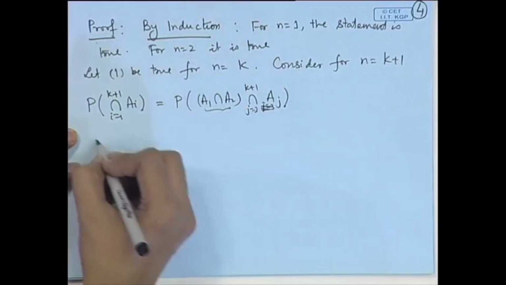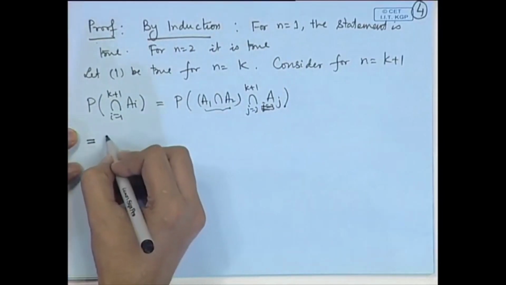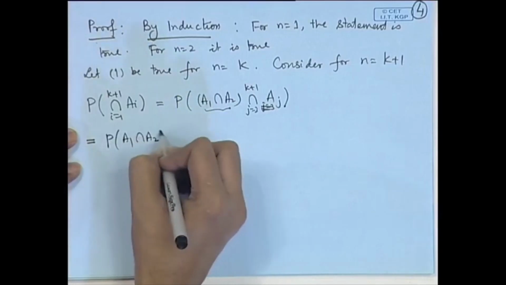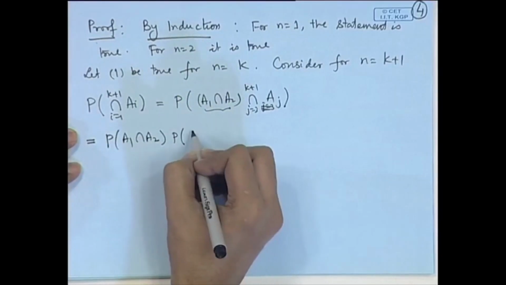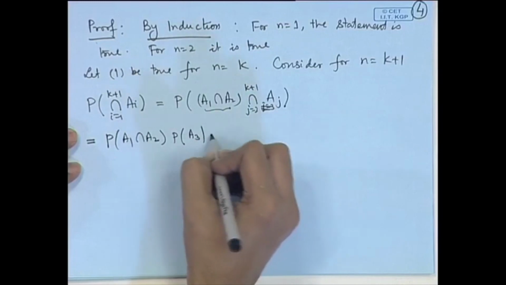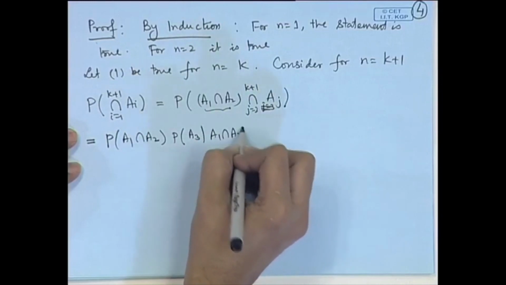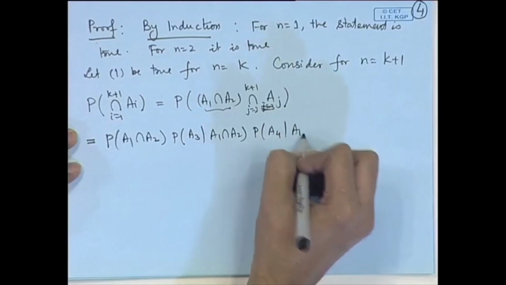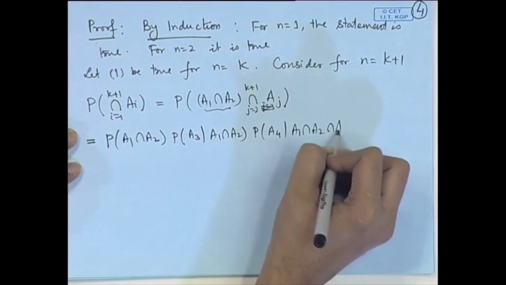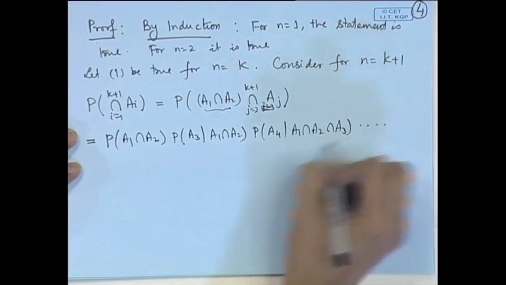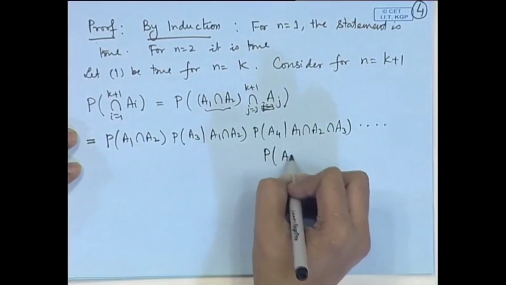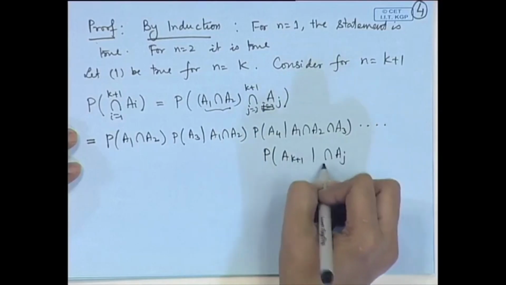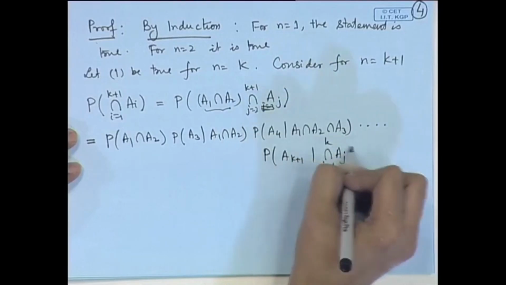Therefore, we can write it as probability of A1 intersection A2 into probability of A3 given A1 intersection A2 into probability of A4 given A1 intersection A2 intersection A3, and so on up to probability of A(k+1) given intersection Aj, j equal to 1 to k.